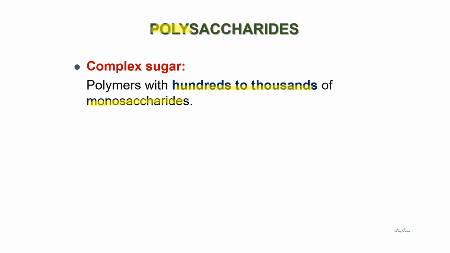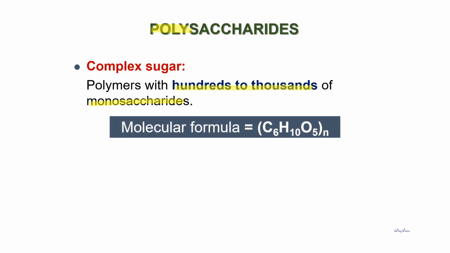They consist of many monomers, so this is a complex sugar. The molecular formula is represented by C6H10O5 in bracket n, depending on how many monomers can be found in that complex sugar.